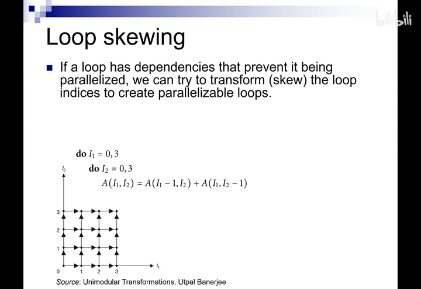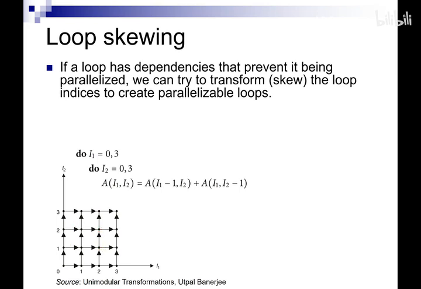I1 is the outer one and I2 is the inner one. We're going in this order again. The situation is that this iteration I1, I2 is going to both depend on iteration I1 minus 1, I2, and also iteration I1, I2 minus 1.